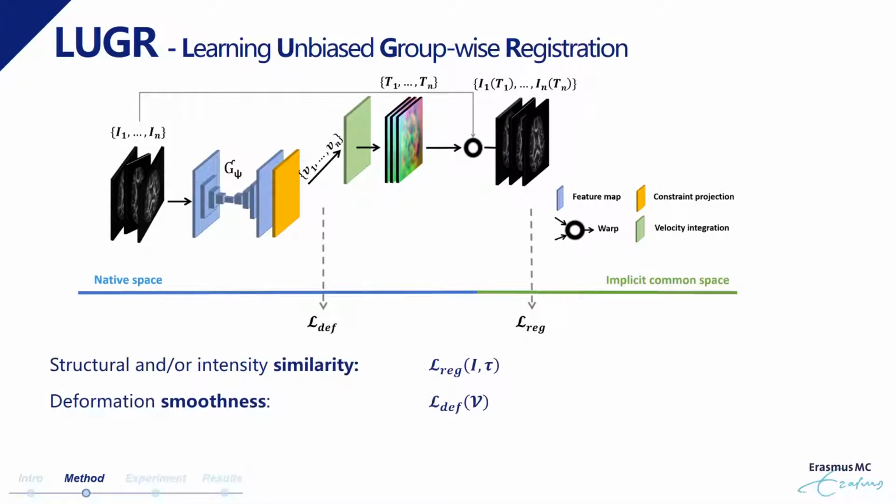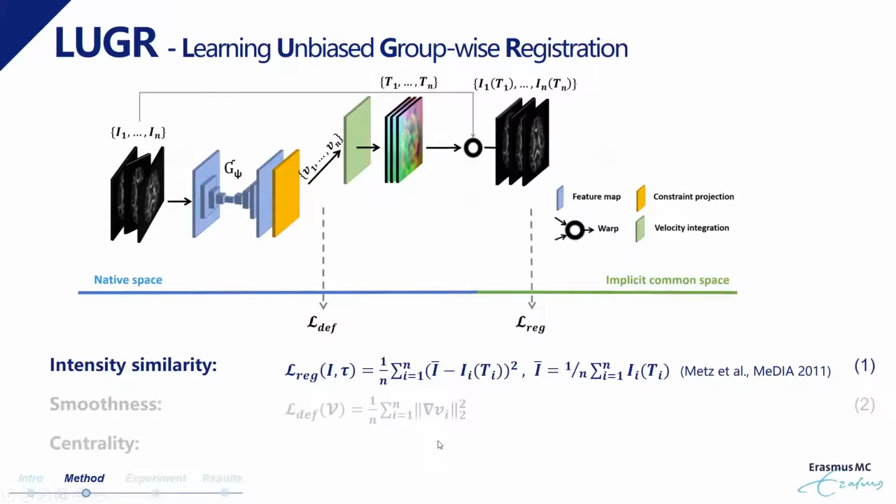Now let's move on to our next key point, the loss function. To maximize spatial correspondence between registered images, a loss term L_REG that measures structural or intensity similarity is often used, and combined with a penalty term L_DEF for smooth deformation. In the present study, the imaging data is of single modality. Therefore, we use the intensity-based similarity metric mean squared error to quantify the misalignment between registered images.